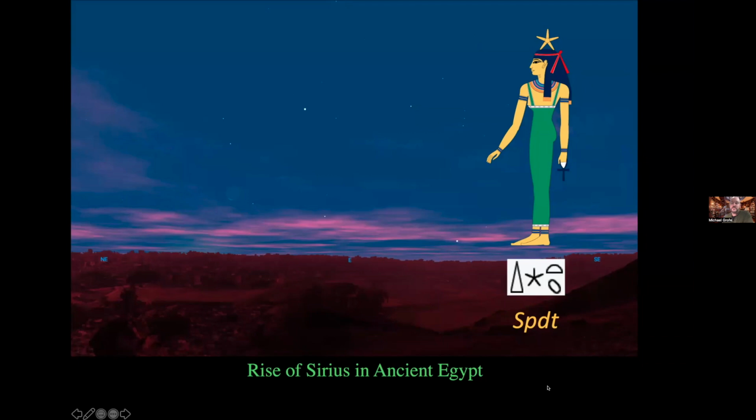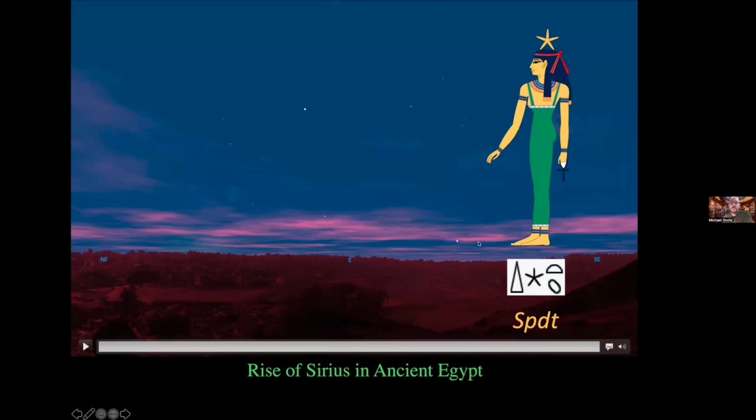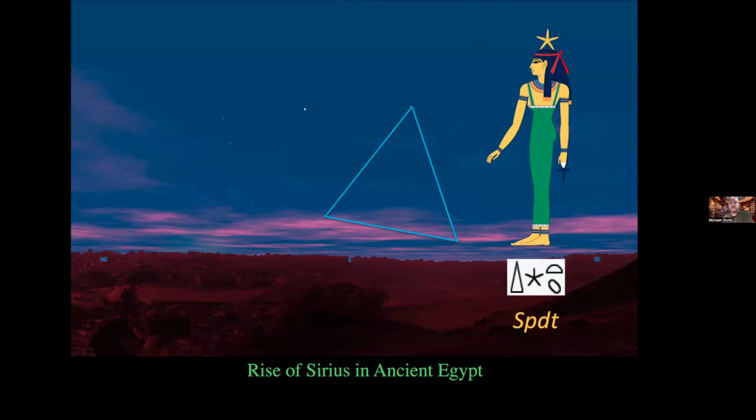And the reason is if you look at three stars here, from Procyon to Sirius, and then Sirius up to Betelgeuse, and Betelgeuse down to Procyon, it makes a really lovely equilateral triangle. And this is what Sopdet represents.